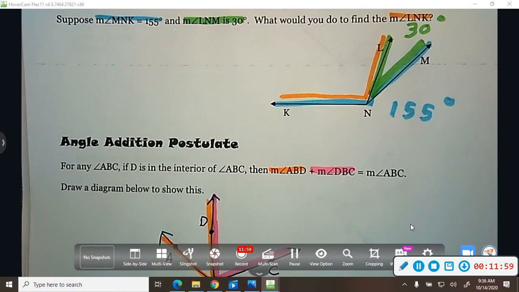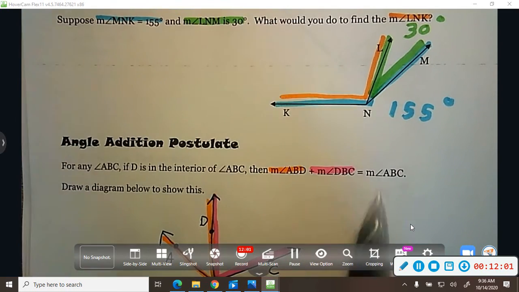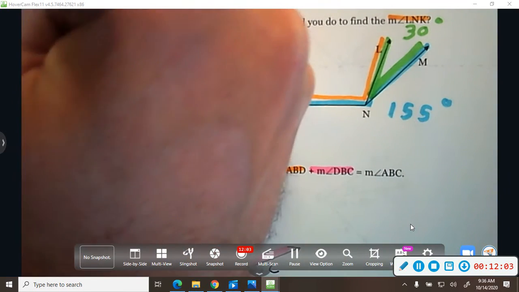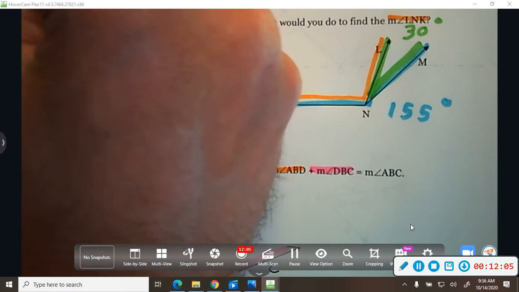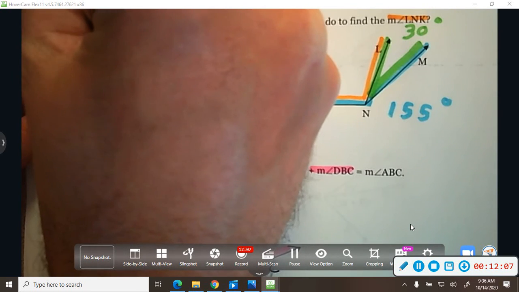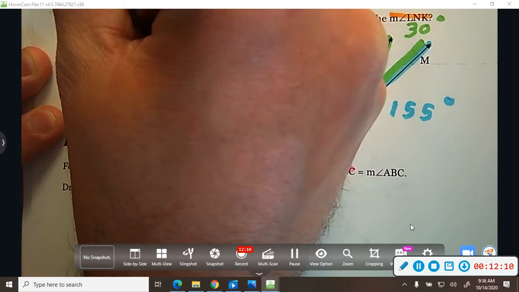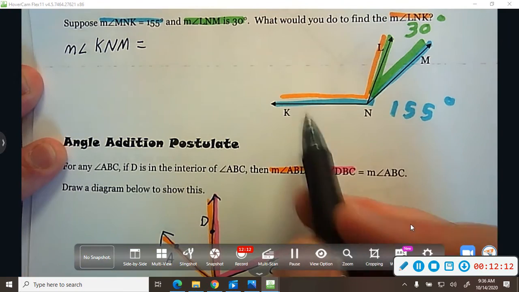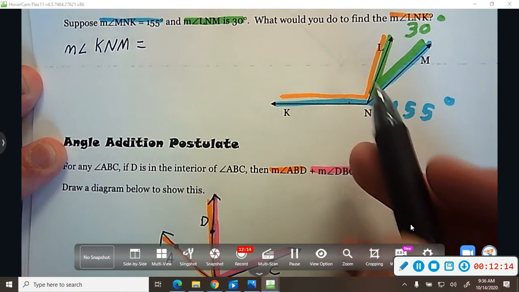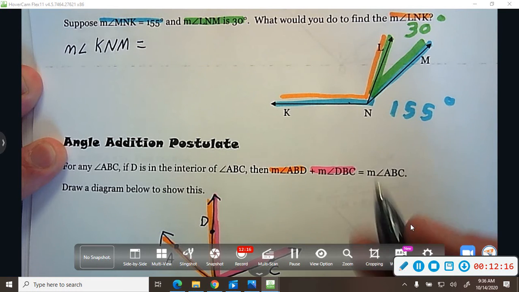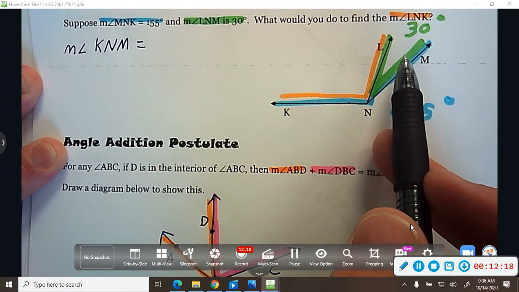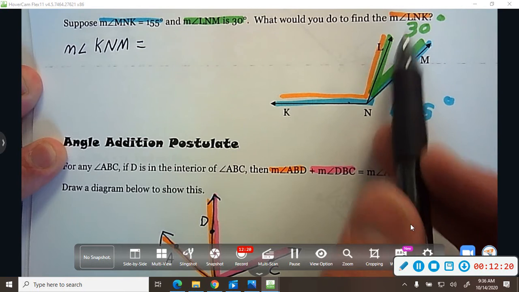Well, I would use the angle addition postulate that says the measure of KNM is equal to the measure of KNL, and I'll call it the same they did.